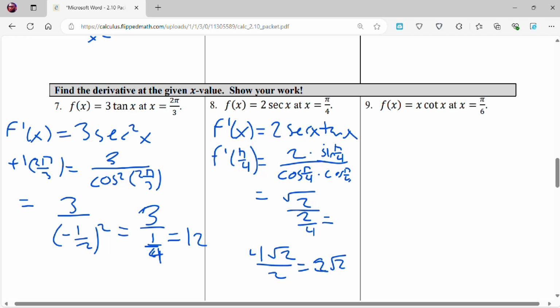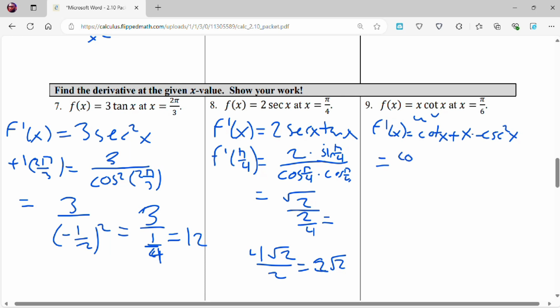Next question, f prime of x, we have to do product rule. So v u prime plus u v prime. The derivative of cotangent is negative cosecant squared x. Okay, I'm going to rewrite this in sine and cosine.